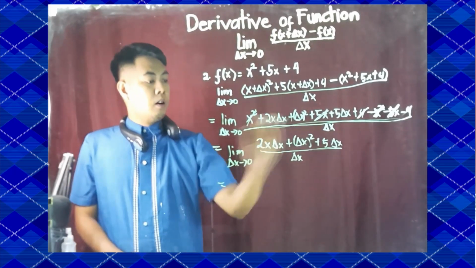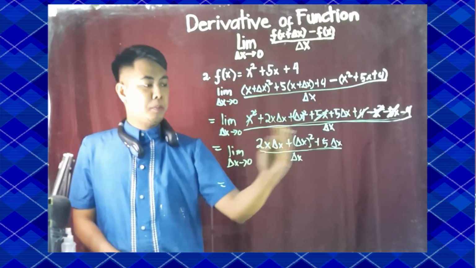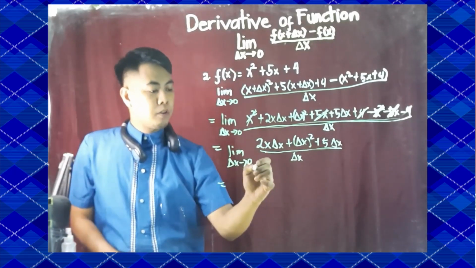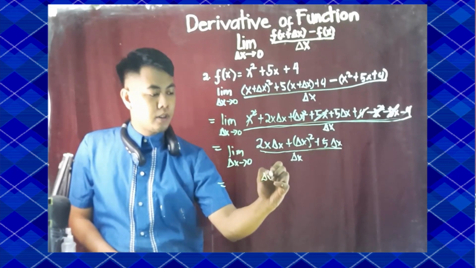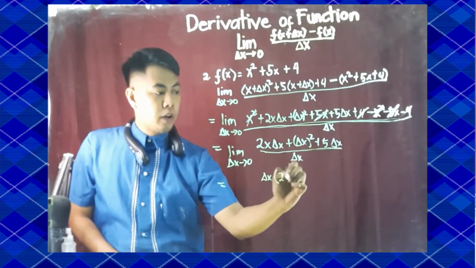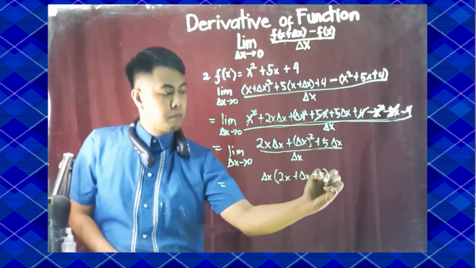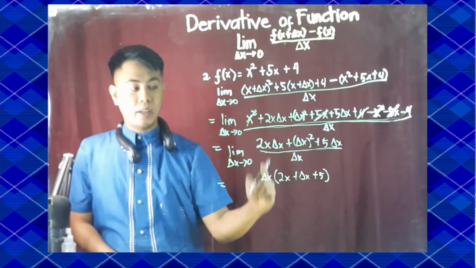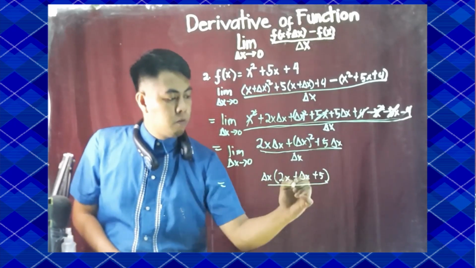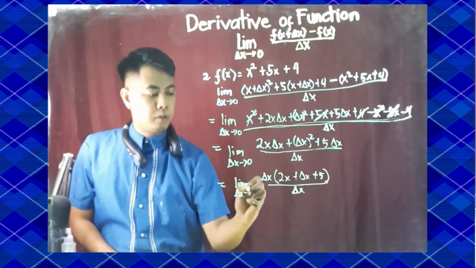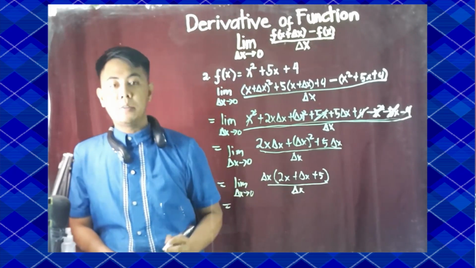Next, simplify. We need to factor the numerator so that we can cancel the delta x. So the factor of the numerator is delta x times 2x plus delta x plus 5. So their common factor is delta x. And then all over delta x. So this is a limit where delta x approaches 0.